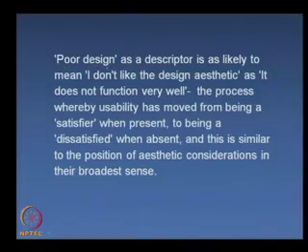A poor design as a descriptor is as likely to mean I do not like the design aesthetic as it does not function very well.